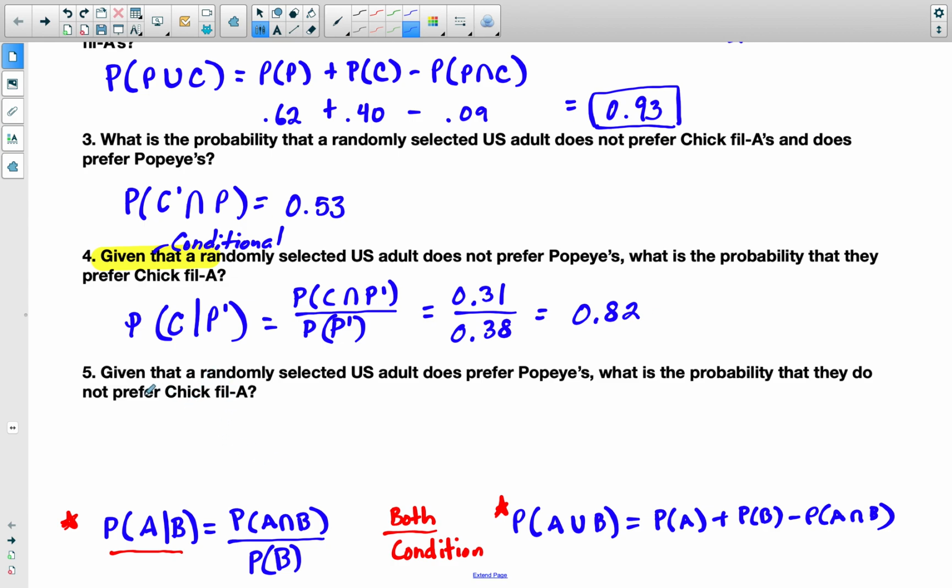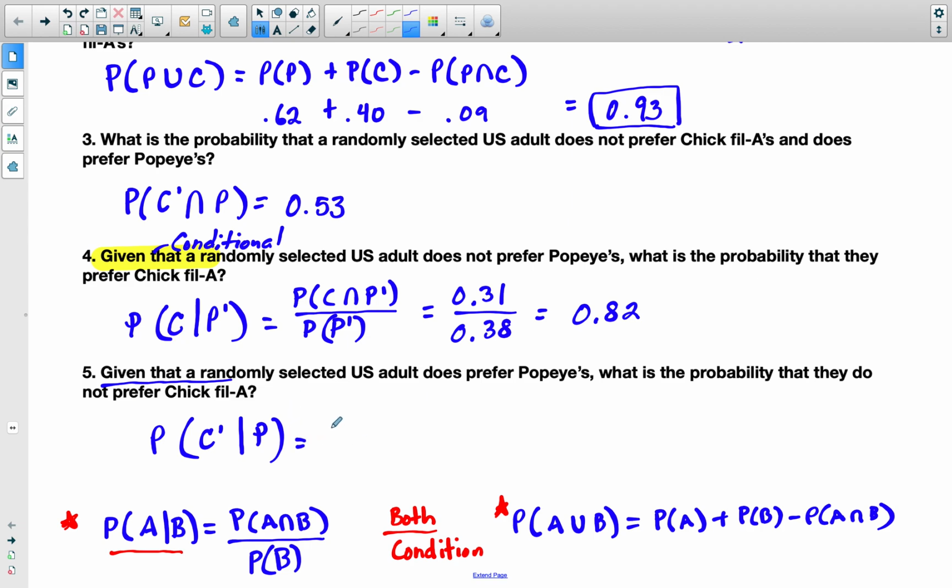Okay, here we go again, another conditional statement. Given that a randomly selected U.S. adult does prefer Popeyes, what is the probability that they do not prefer Chick-fil-A? So again, probability that someone does not prefer Chick-fil-A, given that there's knowledge that they do prefer Popeyes.